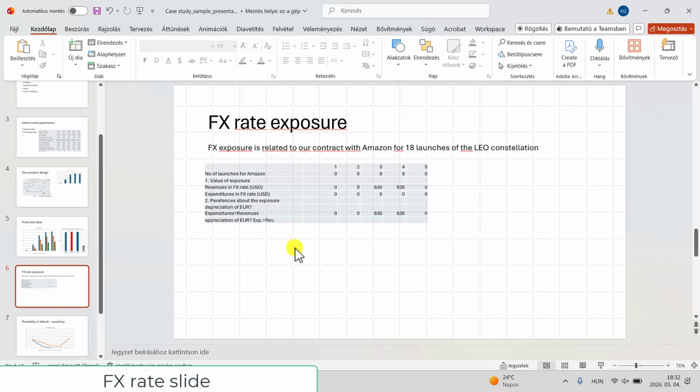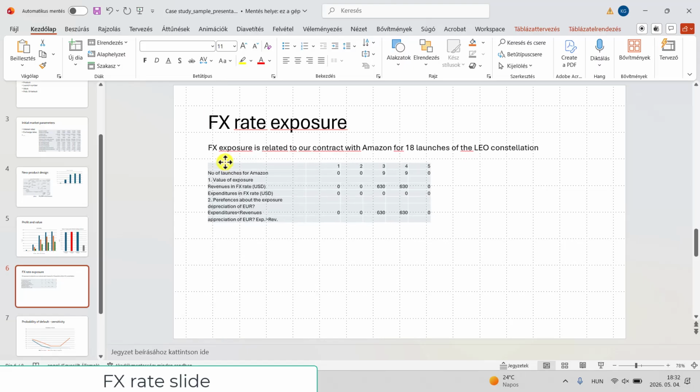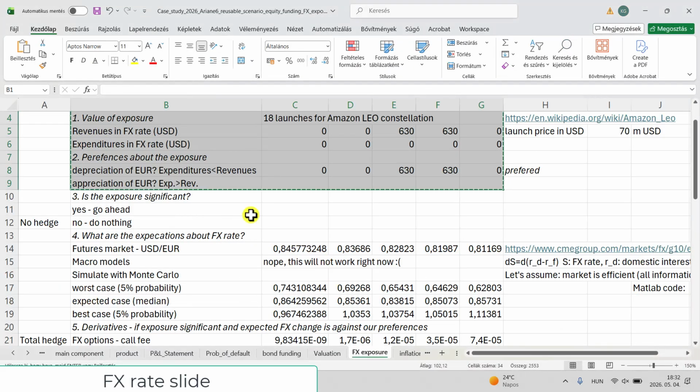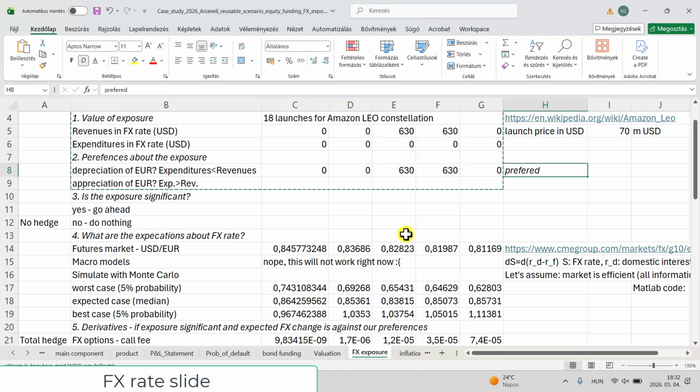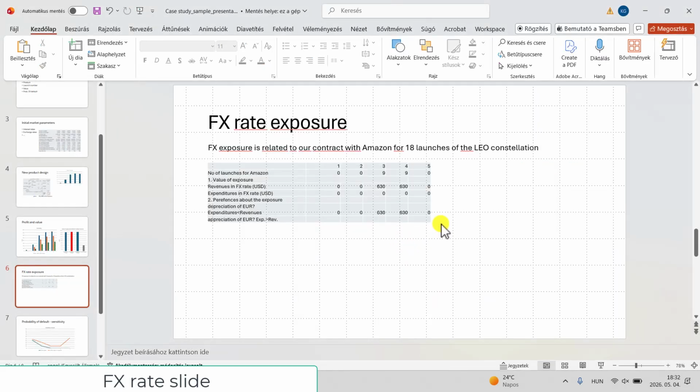So we are expecting the appreciation of the, we are preferring the depreciation of the euro, so we can say that.